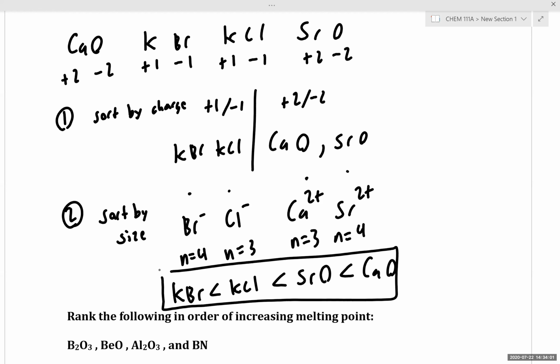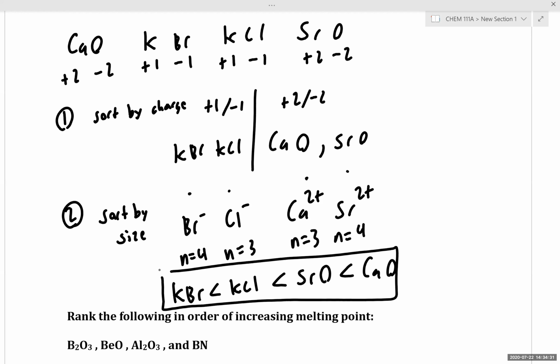So comparing strontium and calcium, ion size impacts. It's not because they're positively charged. They have a +2 charge, so they have a greater charge than, for example, potassium bromide or potassium chloride, so the attractive interaction is going to be stronger. Comparing calcium and strontium, when they lose electrons, their outermost orbital is that of the preceding noble gas shell.